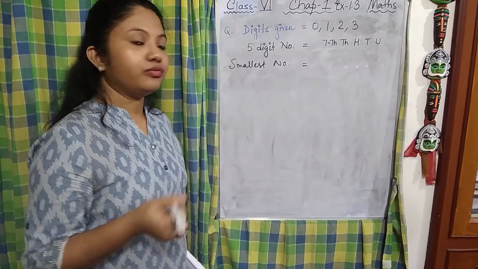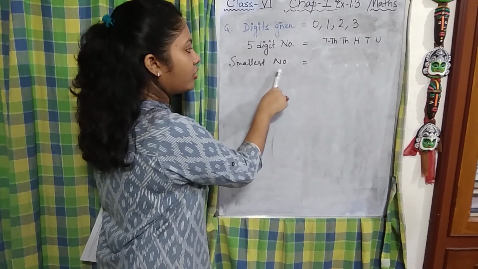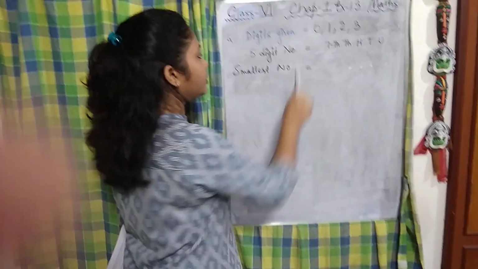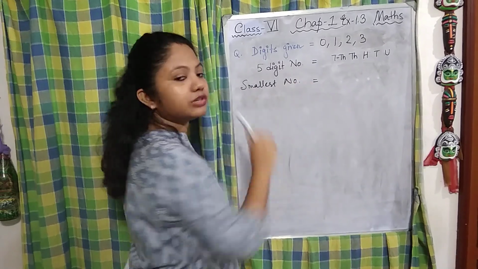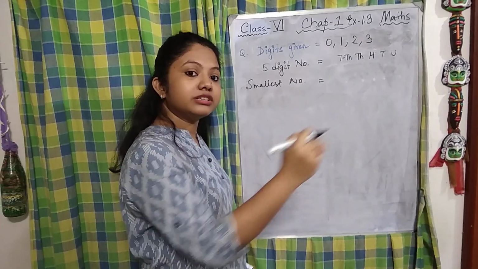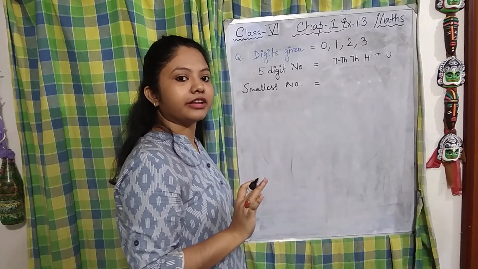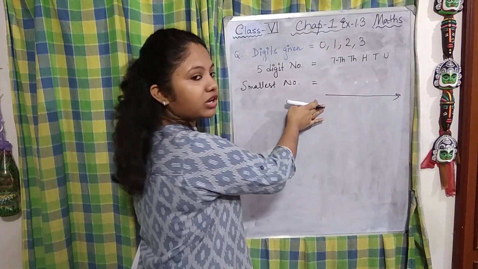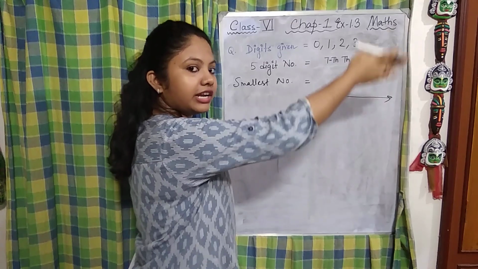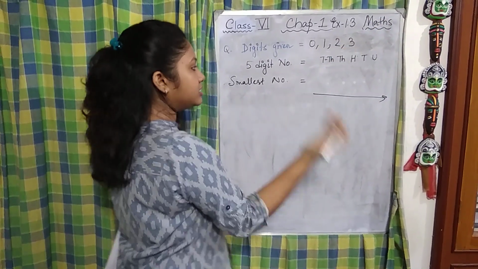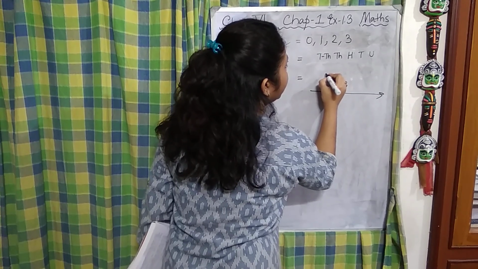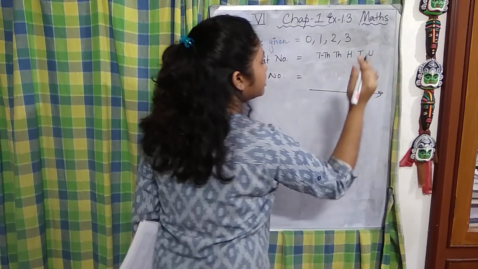Now again, when we have to find the smallest number, see 4 digits are there, and you have to make a 5-digit number. Now follow the ascending order format again. We go from the smallest number on the right hand side to the largest number.